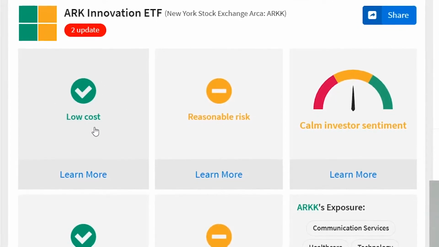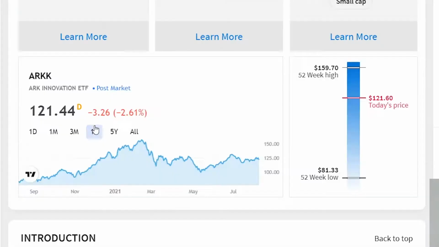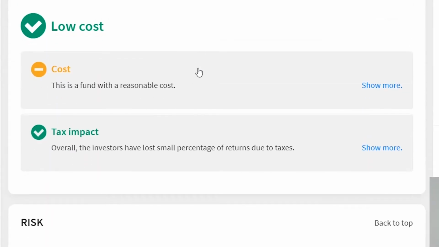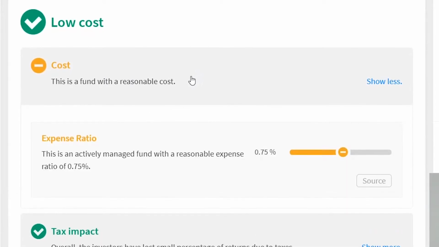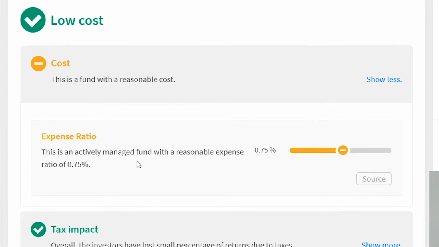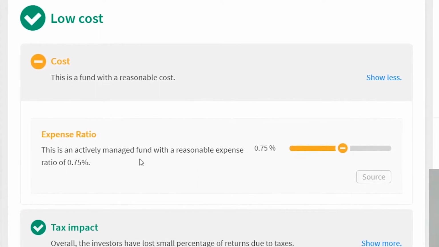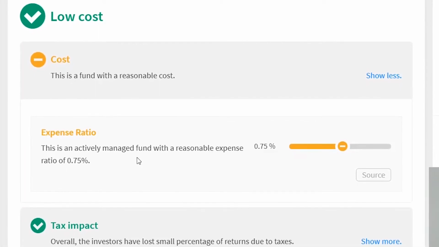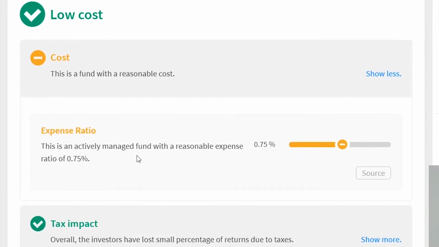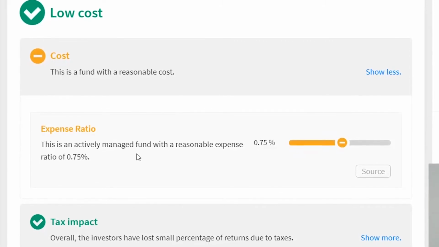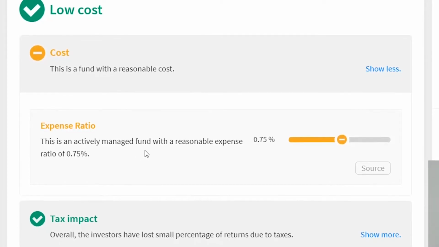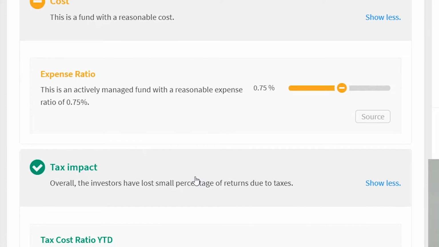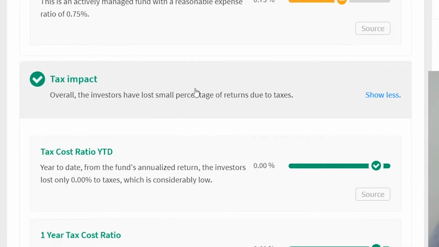So ARK's Innovation Fund, or ETF, is a low cost fund for two reasons. One, because it has a reasonable fee. It's an actively managed fund that only charges 0.75%. So it's not one of those crazy funds that charges 1%, 1.5%, 2%. It's not one of those. So it's a good, reasonable price. And maybe even more importantly, the tax impact it has on your holdings is quite small.